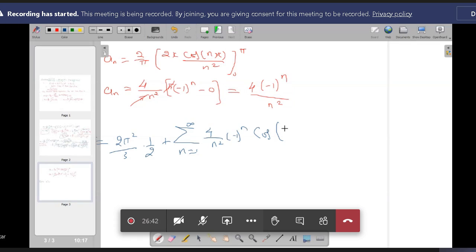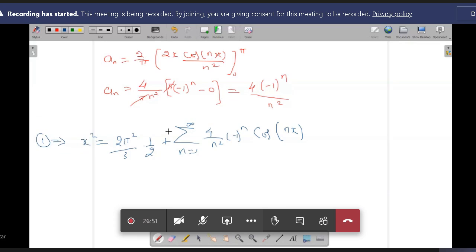The 2 pi gets cancelled, so it remains nx only. So the final result: x square equals pi square by 3 plus 4 into summation n from 1 to infinity of minus 1 power n divided by n square into cos nx, which is the required Fourier series of x square in the interval minus pi to pi. So any doubt?